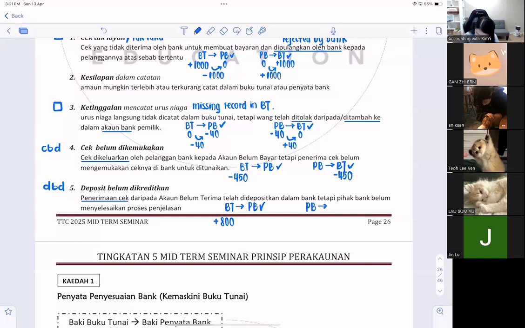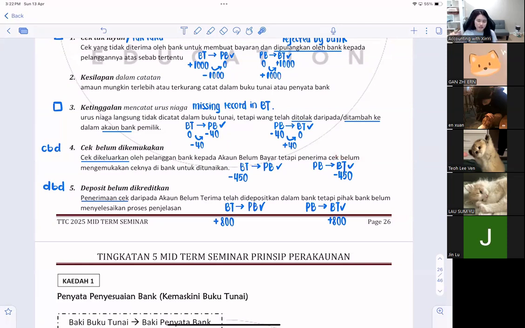No matter which method, in your buku tunai, they are all positive. But now the situation is cek dikeluarkan oleh pelanggan bank kepada akaun belum bayar. I have paid this check to my supplier, but the penerima check, which is your supplier themselves, receive your check but never put it, belum mengemukakan checknya di bank untuk ditunaikan.